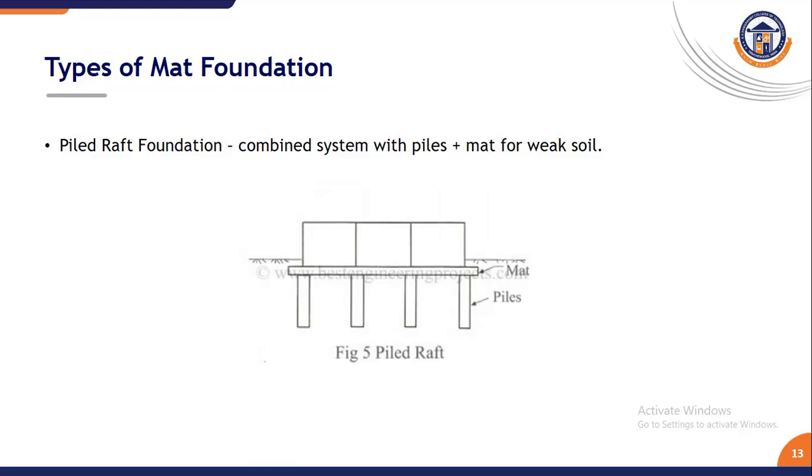Then piled raft foundation. Here it is a combination of raft and pile, mostly recommended for very weak soil. Okay, here piles are the vertical columns, and the mat is the horizontal slab, constructed below the ground level.